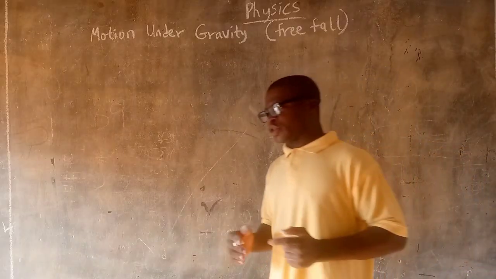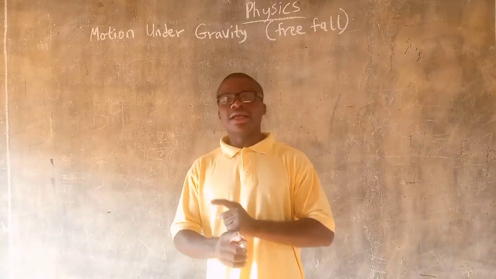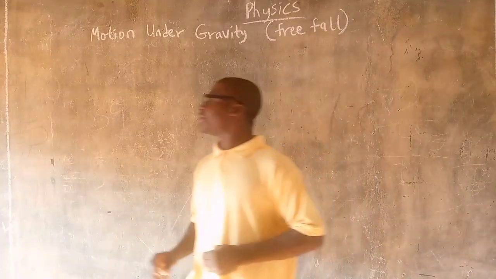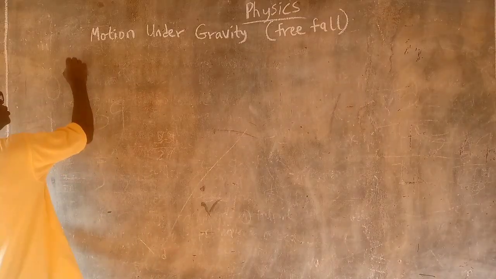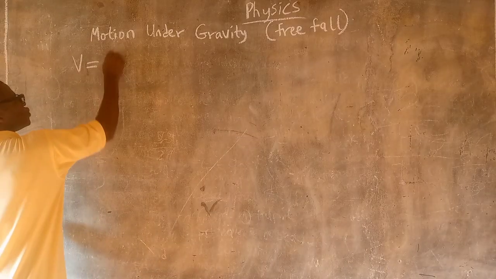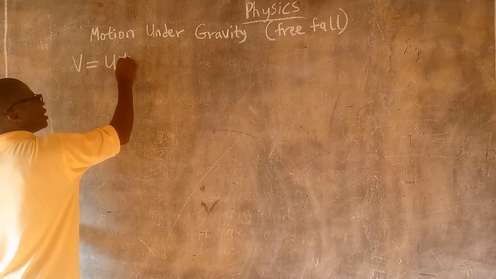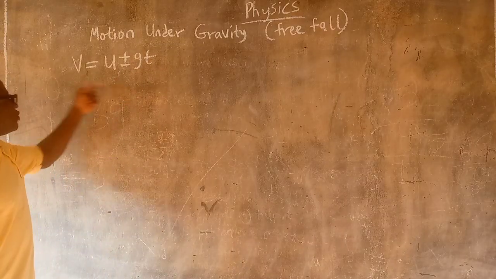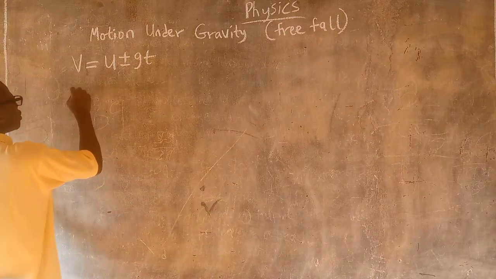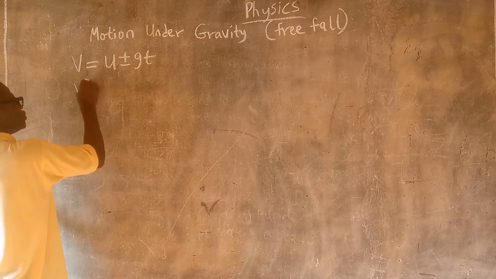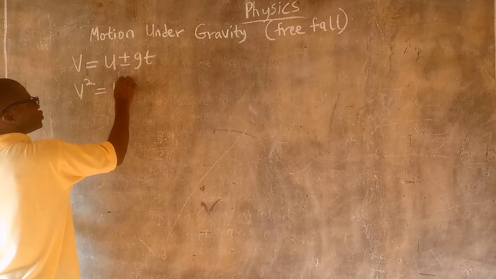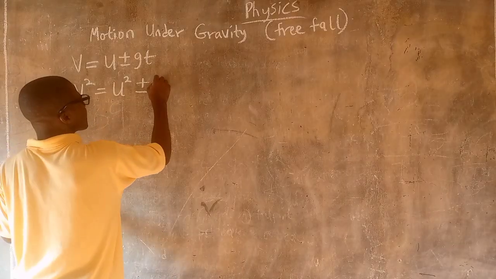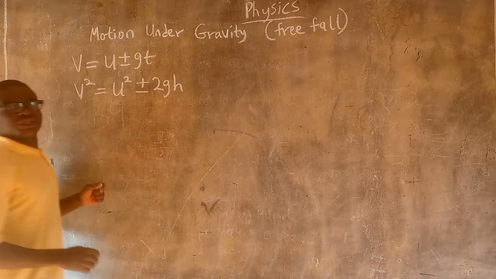And there are equations that govern motions under gravity, and the equations are three in number. The first equation is V equals U plus or minus GT. I will still explain the parameters, what the variables are. The second equation is V squared equals U squared plus or minus 2GH.